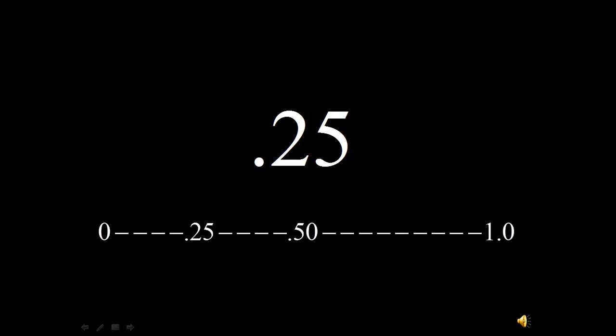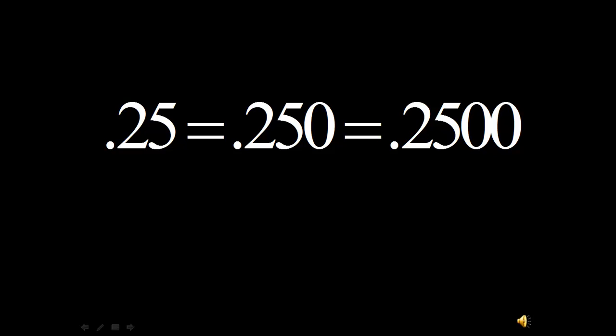Let's start this video with a look at the number 0.25, a number that is definitely greater than 0 and less than 1/2 and definitely less than 1/2. 0.25 is equal to the two other numbers on your screen, and we could look at 0.25 written as a fraction, 25 over 100.